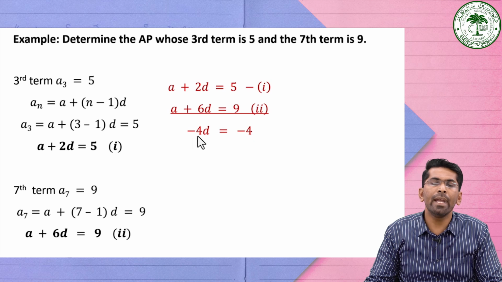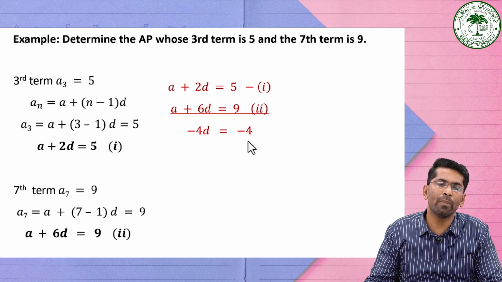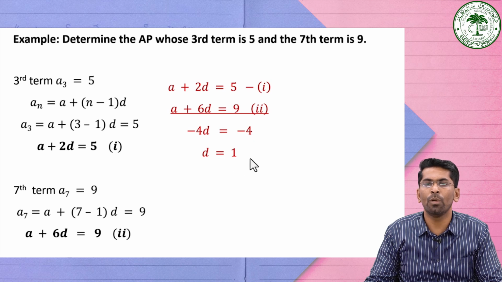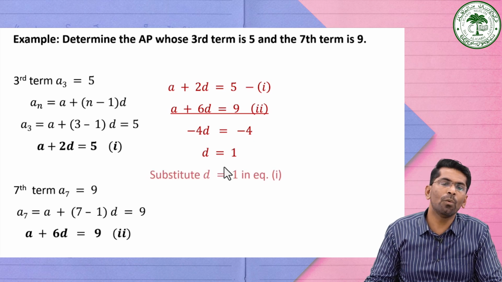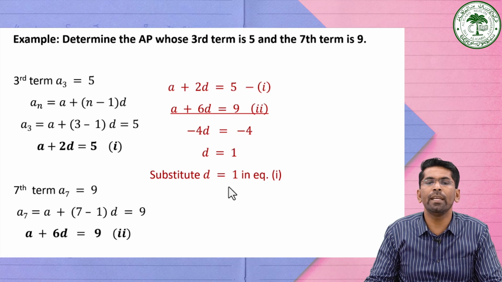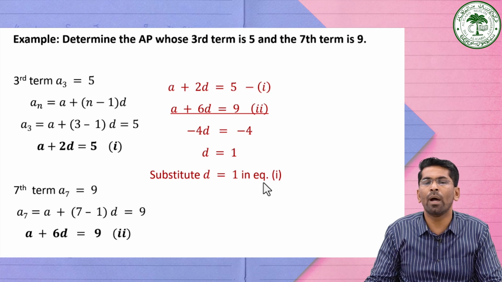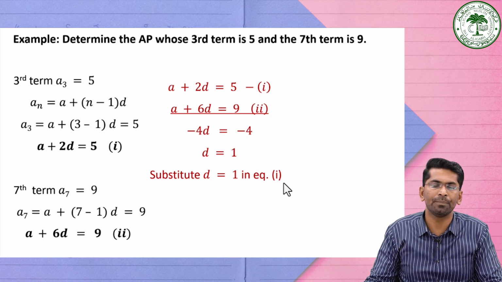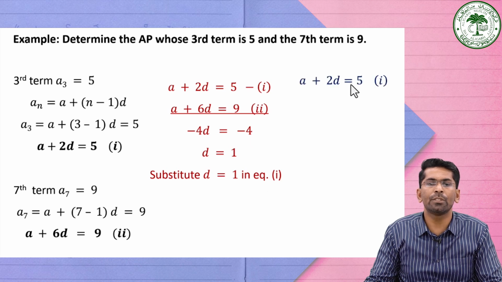Now dividing both sides of the equation by minus 4, we get d equals 1. With d equal to 1, we can substitute it into equation number 1, a plus 2d equals 5.